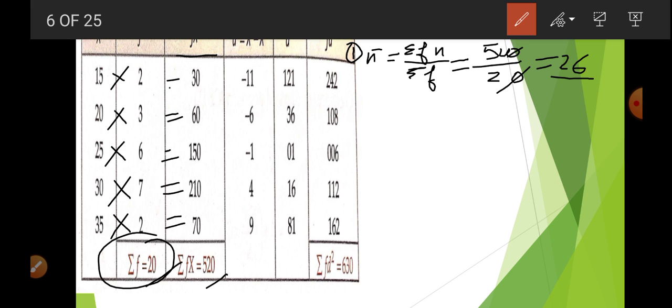Now we are going to calculate d from this mean.